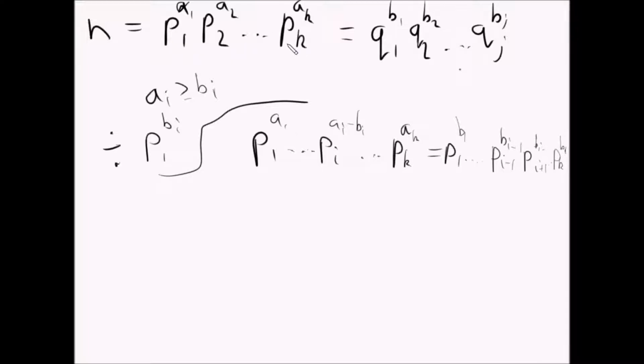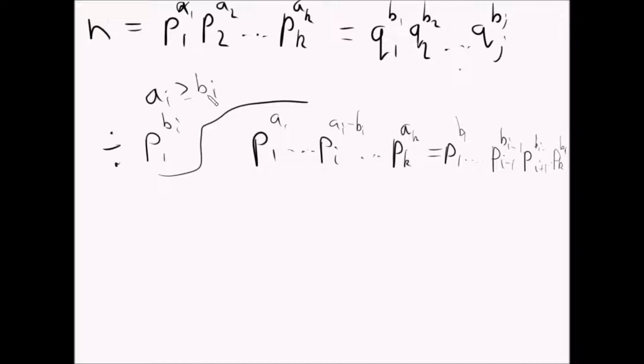And lastly, in order to prove that these are exactly the same factorizations, we have to show that each power is the same. So we want to show that a1 is equal to b1, a2 is equal to b2, and so on. In order to show that, we'll start by assuming that one of the ai's is greater than one of the bi's.